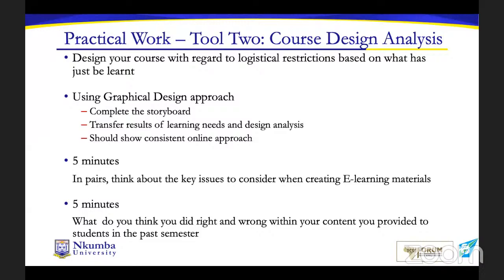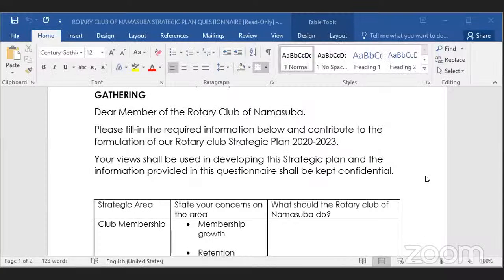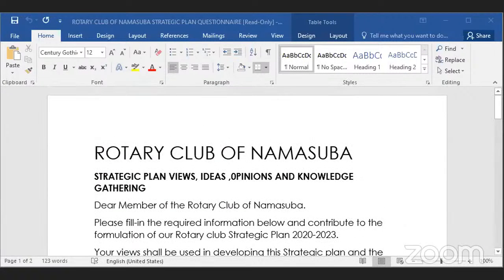Yeah. So Fiona, can you load tool number 2? Fiona, are you there? Is sharing. Yes, okay. Not that one, sir. Tool number 2, Joseph.